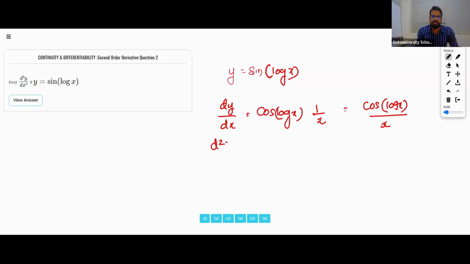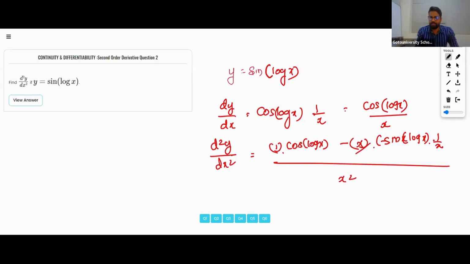Now if you want to differentiate one more time, we have to apply quotient rule, which is 1 into cos log x minus x into minus sine of log x into 1 by x divided by x square. This x cancels. We end up with cos log x plus sine log x divided by, yes, with a bracket please, x square.